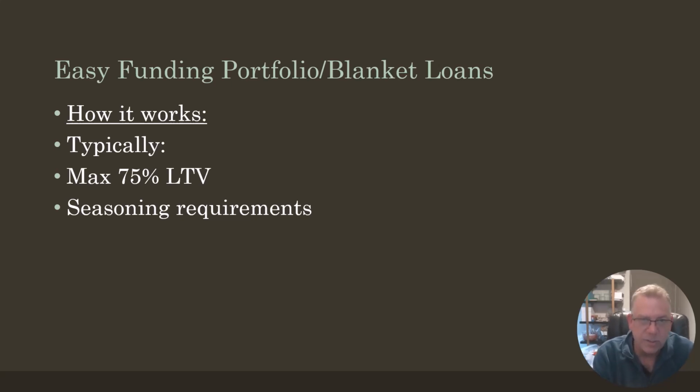So I don't want to go too much into the seasoning requirements. They do vary from lender to lender, from program to program, but just know that they may be there when you're applying, and you've got to understand those, and you've got to look at those to see when it makes sense to move into a portfolio product.